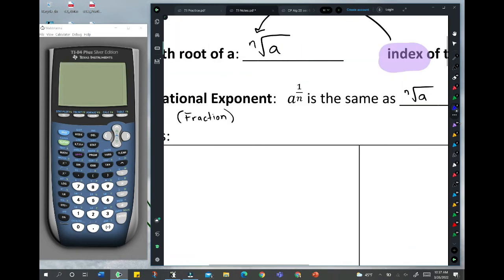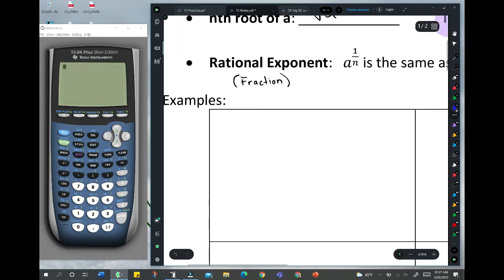Okay, so what do I mean by this? Your first task is going to simply be rewriting fractional exponents as roots and back and forth. So if I were to give you something like the cubic root of a to the fifth, going backwards, you could rewrite that as a to the 5/3.